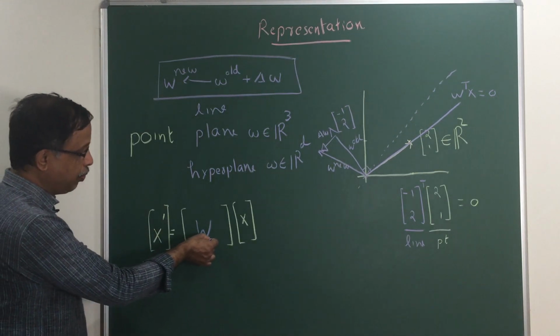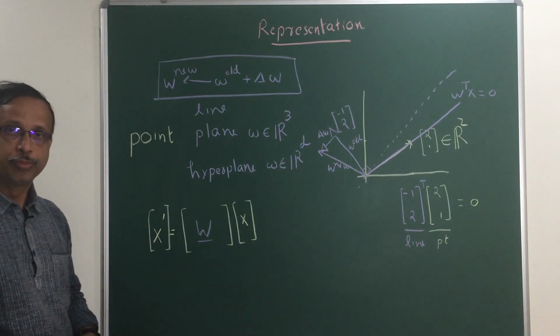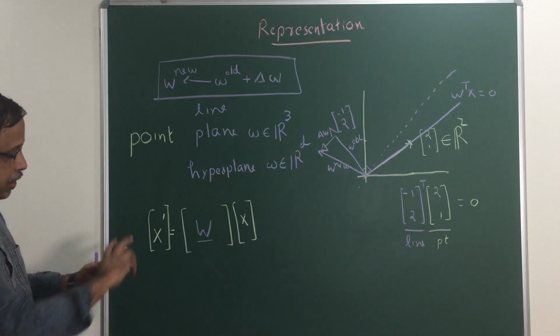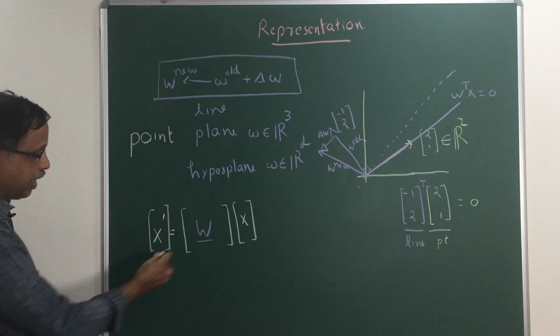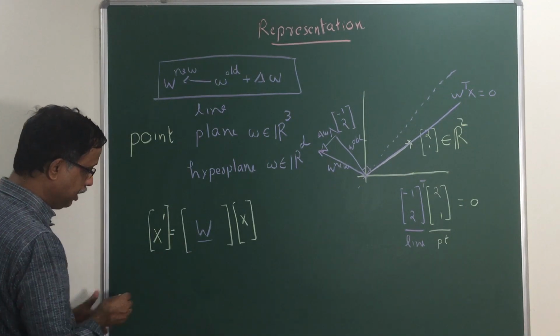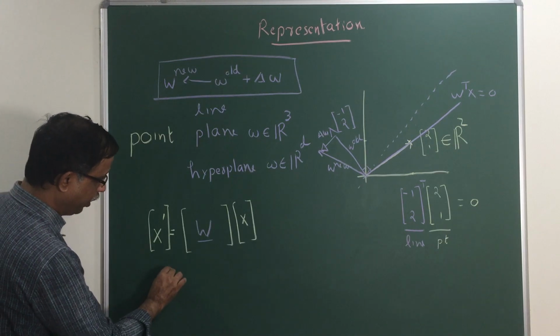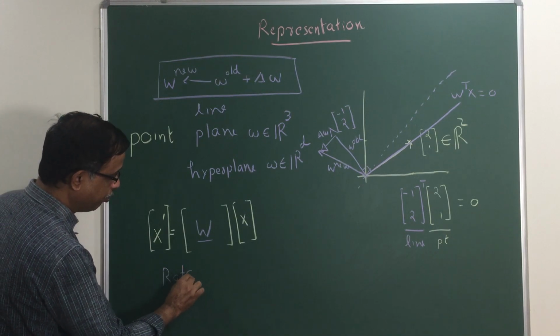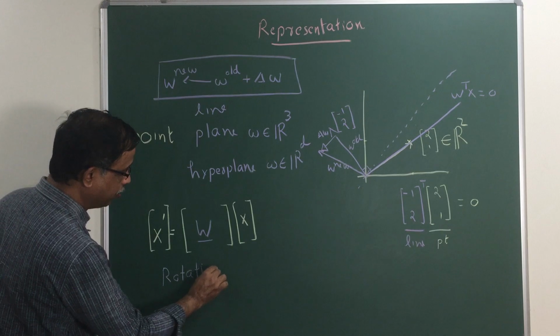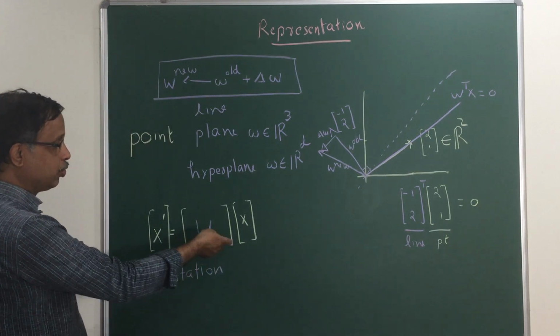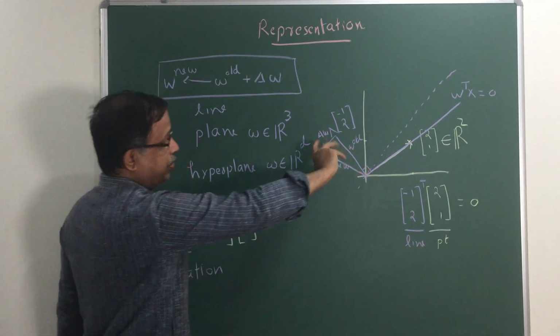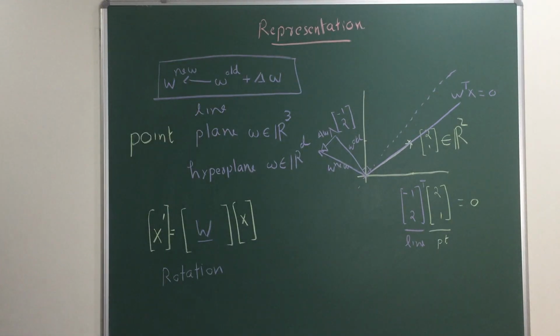What's the implication of W? Depending on the nature of this matrix W, we can understand this as something that can do rotation. Depending on certain properties of the matrix W, this could be understood as a rotation of the coordinate system.